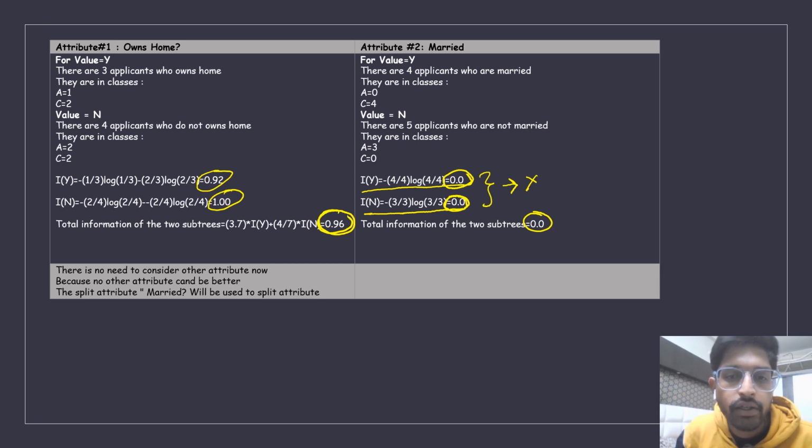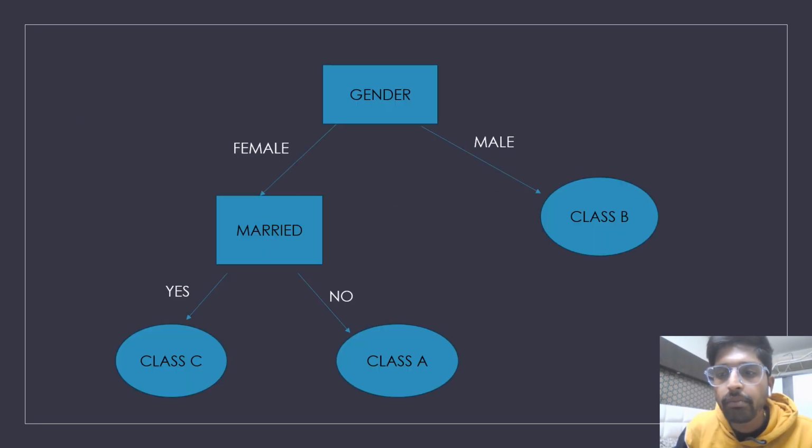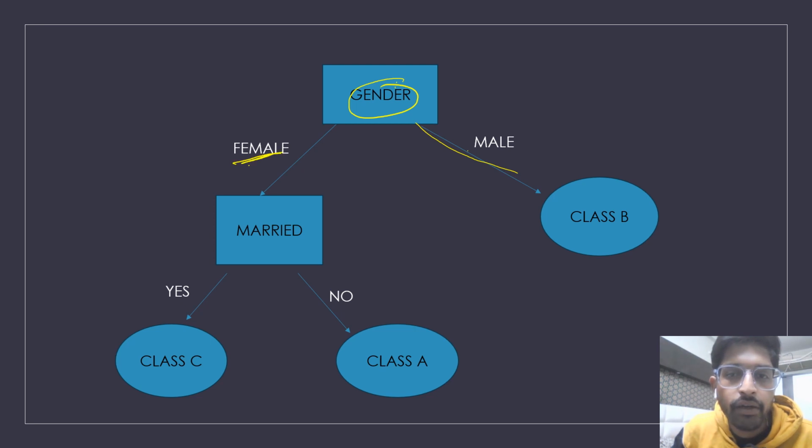When we subtract the information after split from before split, the maximum value would be for married. So we can now simply draw the tree. As you can see over here, the gender column is the root node. There are only two genders specified, female and male.